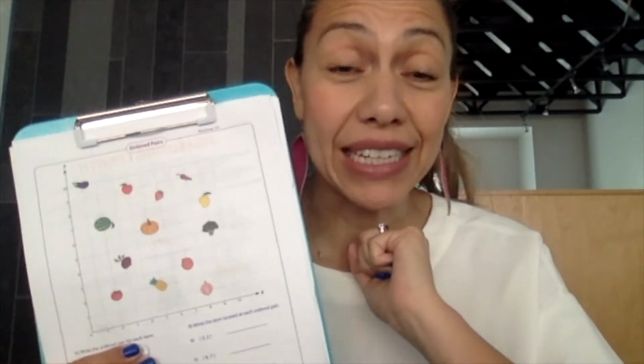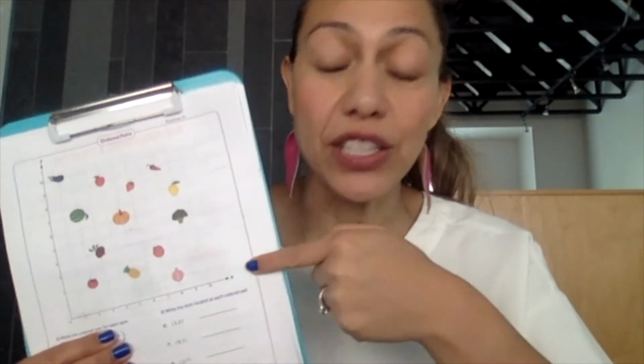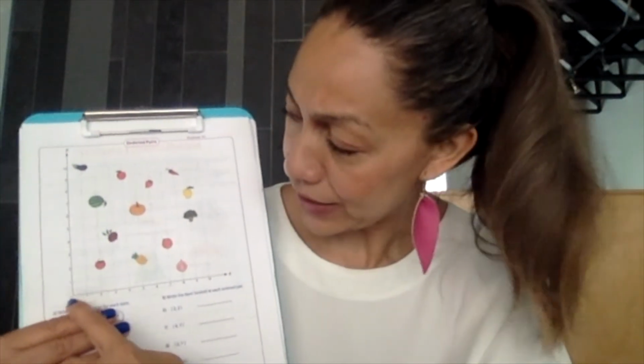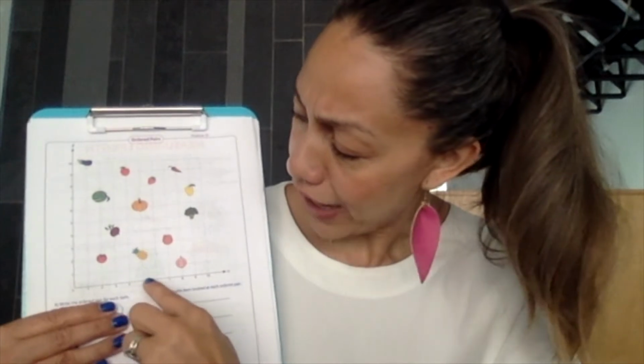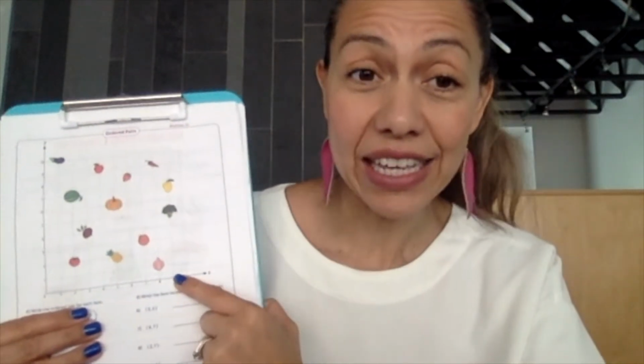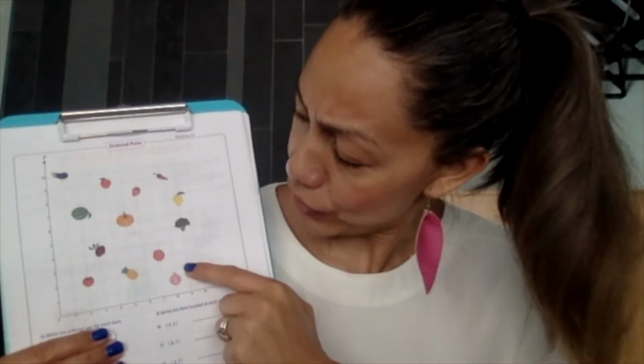So 10 means that it's going to be on our x position, which is horizontal. So we need to count over 1, 2, 3, 4, 5, 6, 7, 8, 9, 10. And then we need to go up 4. 1, 2, 3, 4. So those were our ordered pairs to find the broccoli.